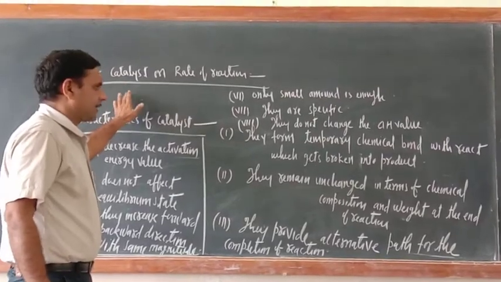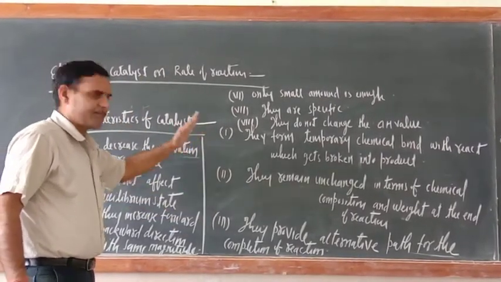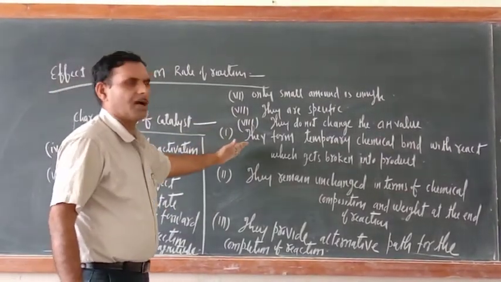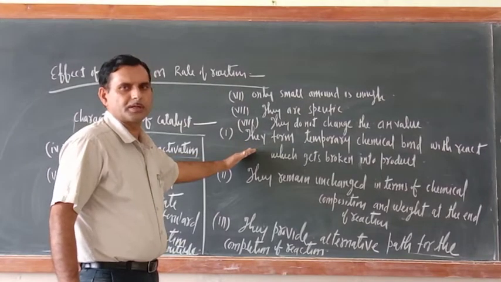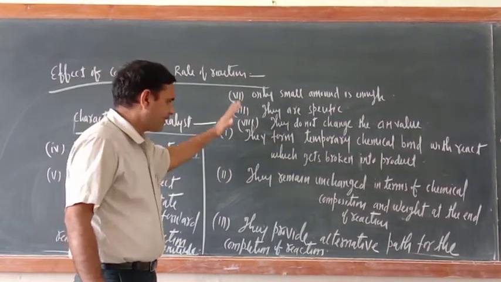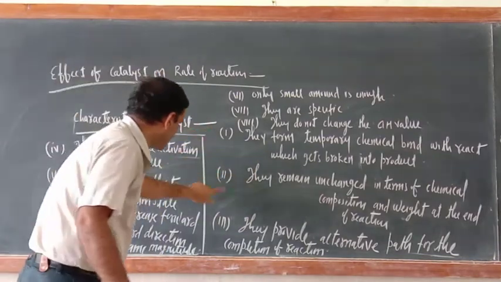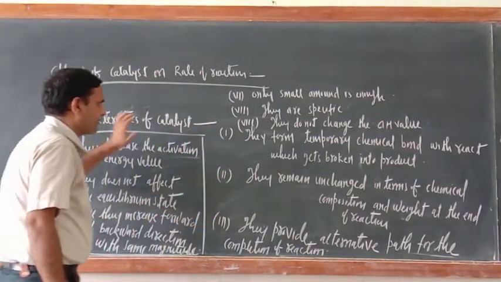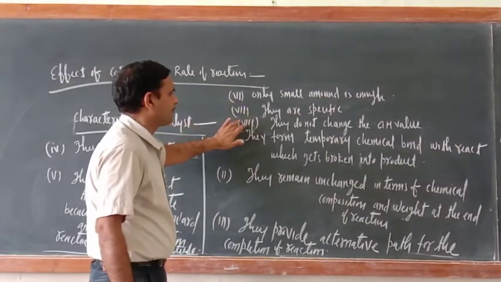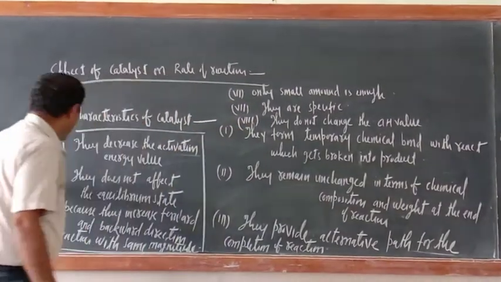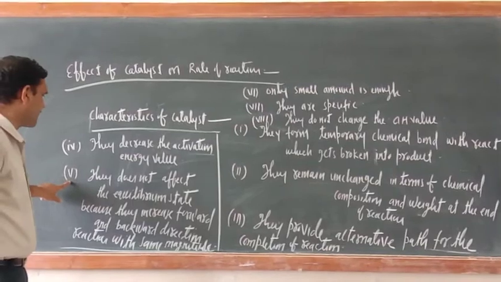So dear cadets, the role of catalyst, everything I have explained earlier, I have summarized and written here. Points 1, 2, 3, 4, 5, 6, 7, 8. And now the fifth point is very important.